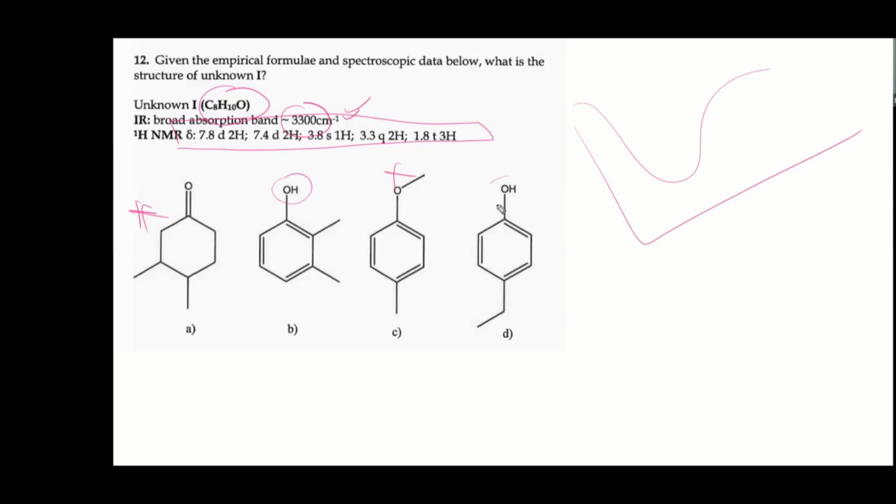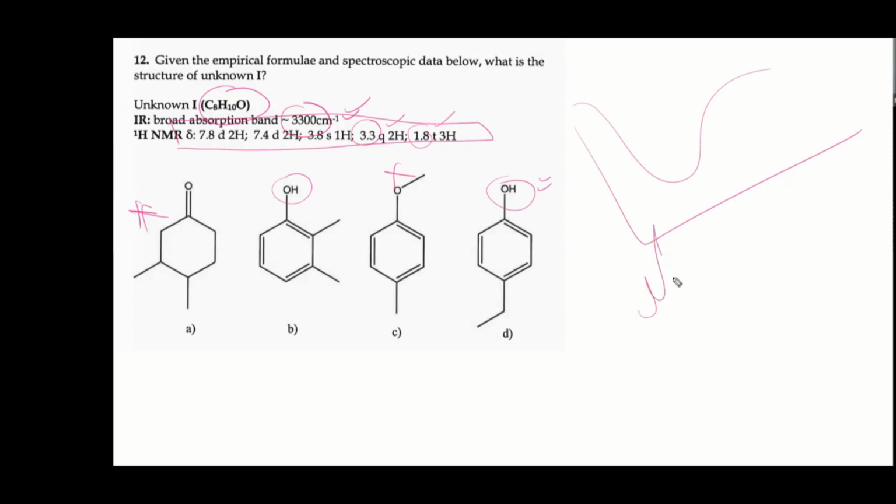So now it's either this or that. Between B and D, which structure is it? It's going to be this structure. Why? Because you see at 3.8 you have a quartet, and at 1.8 you have a triplet.